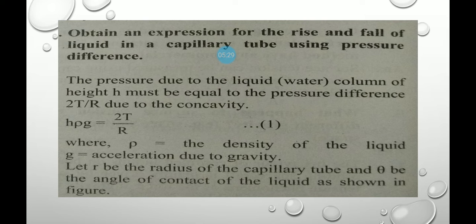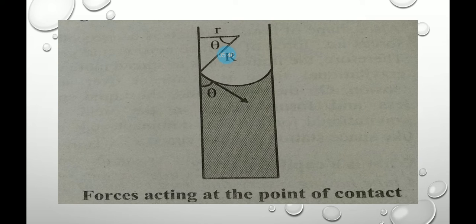That is, h rho g is equal to twice T by R, where rho is the density of liquid and g is the acceleration due to gravity. Let r be the radius of the capillary tube and theta be the angle of contact of the liquid, as shown in this figure for force acting at the point of contact.